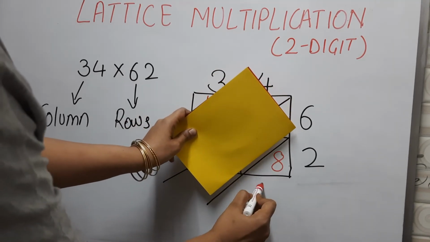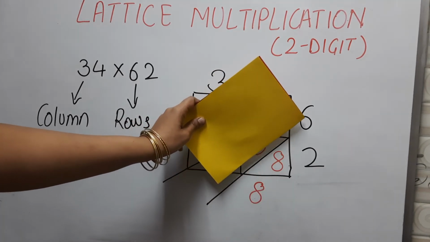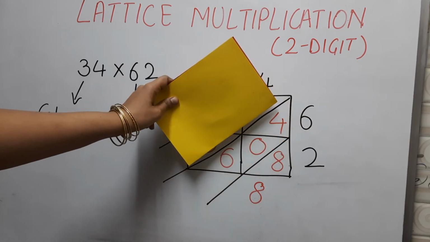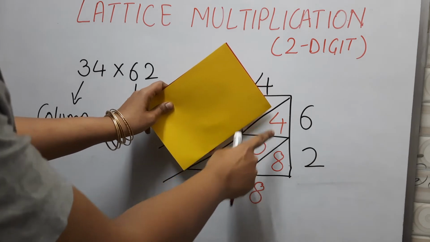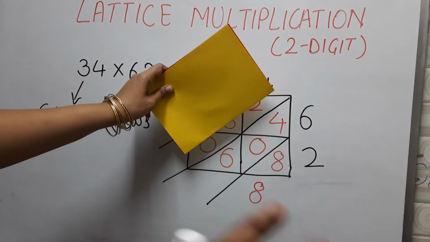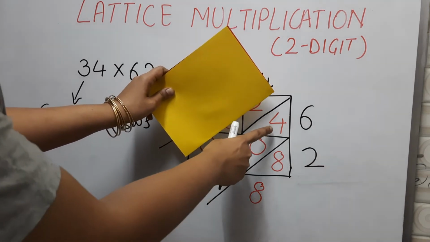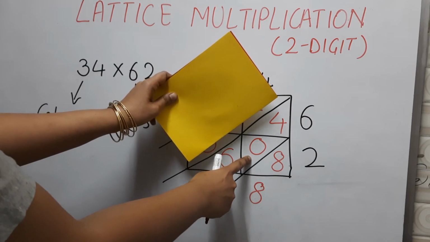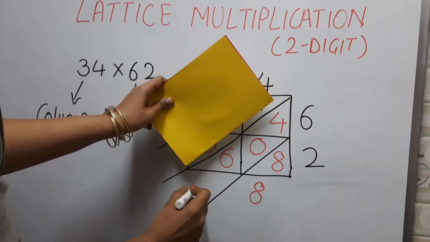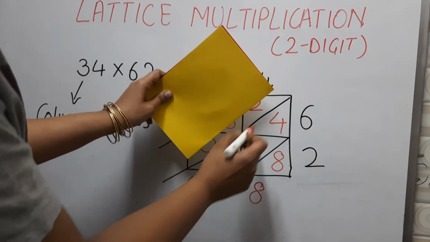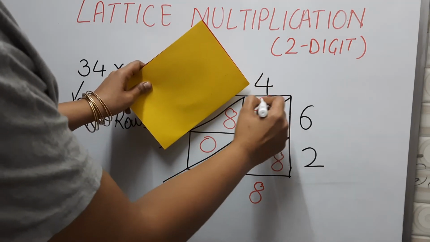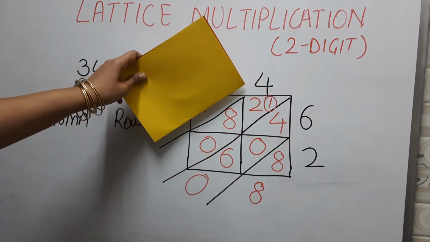So I will write 8 over here. Then in my next slanting division, I have 4, 0 and 6. 3 digits are there. So I will add 4 plus 0, 4. 4 plus 6 is 10. So 10 is there, 0 I will write here and 1 carry over to the next section.